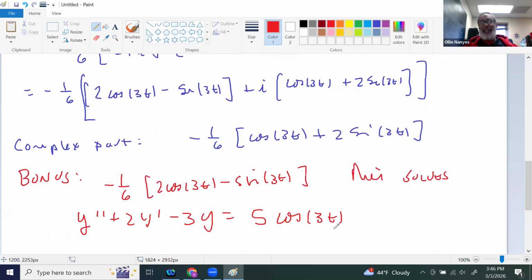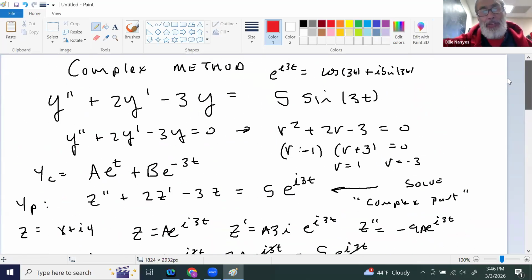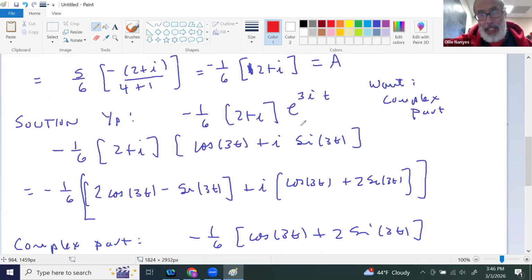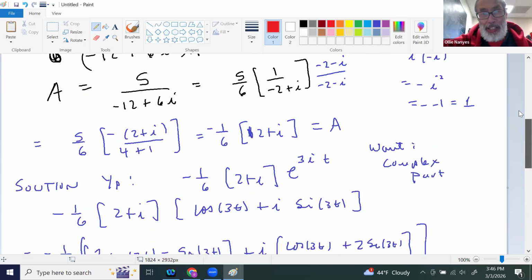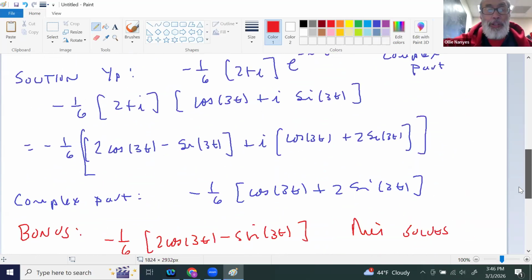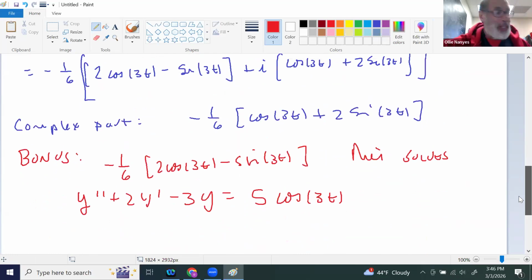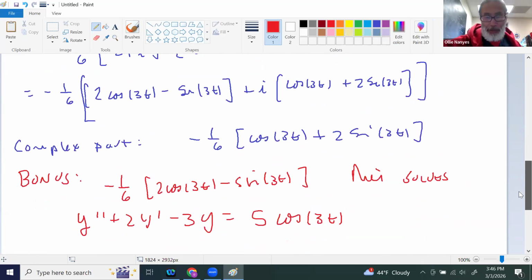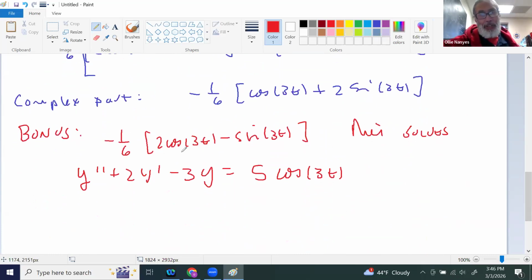So we actually got a freebie. We got a solution to a differential equation we weren't asked to solve. That's one of the values of using the complex method: the differentiation and the plugging in is easy. You do have to get comfortable with complex arithmetic, though. I wanted to make sure that's minus 1/6 cosine 3t plus 2 sine 3t. Yep. And you do get this bonus solution.